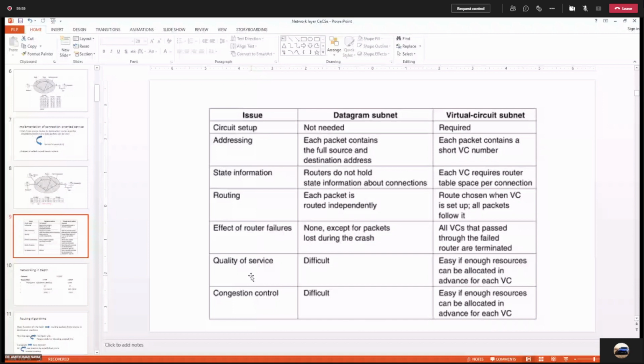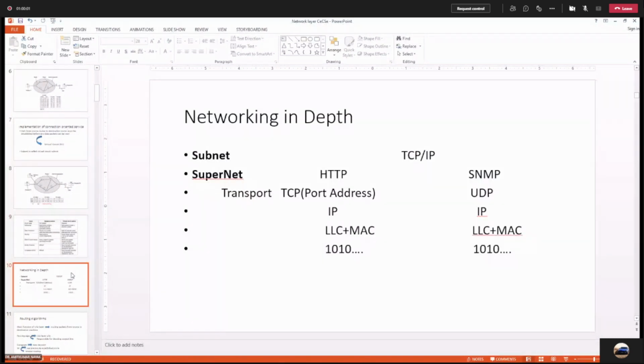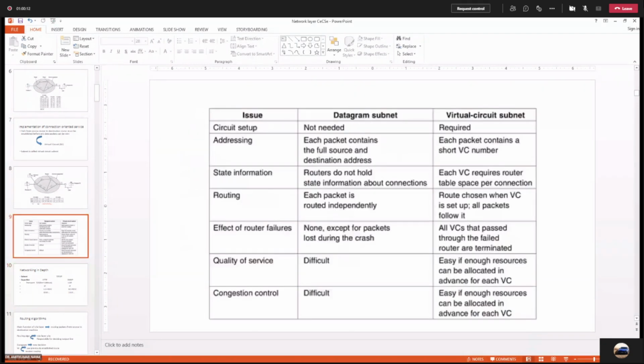Now I will not discuss the subnetting and supernetting concept right now, because we have only 2 to 3 minutes remaining in this session. So in the remaining time, let us discuss your doubts, your questions, queries. In the meanwhile, let me mark the attendance.